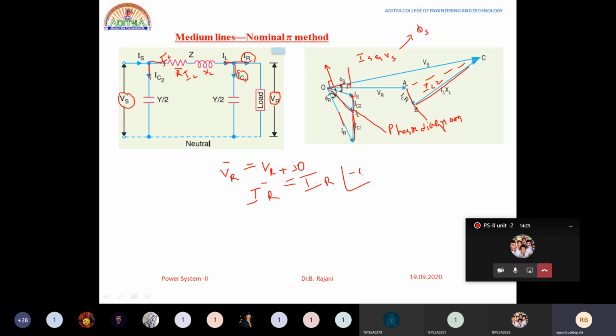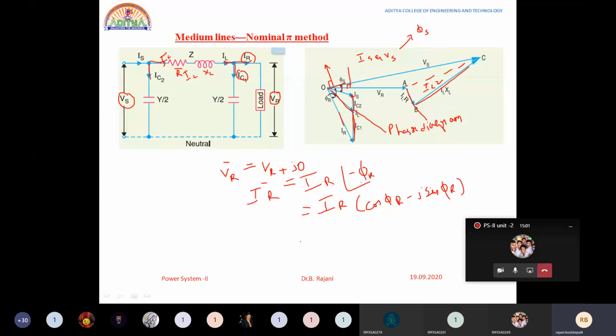This IR lags VR by an angle of phi r, so we can write it as minus phi r, that is IR cos phi r minus j IR sin phi r. This is the vector we are having: IR bar is equal to magnitude and its angle.